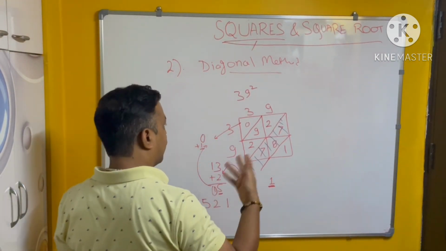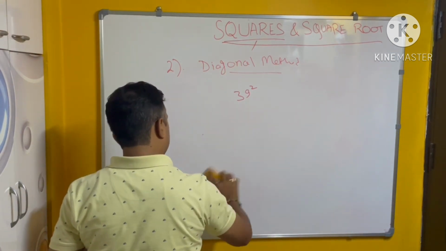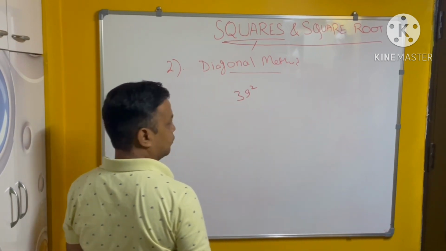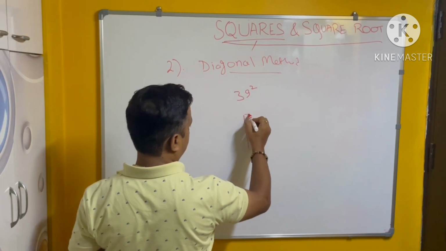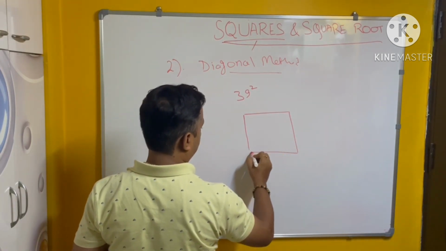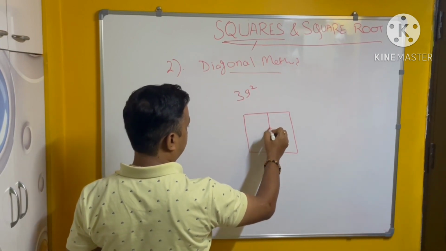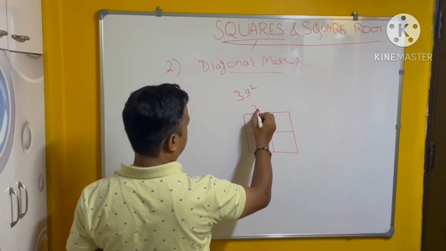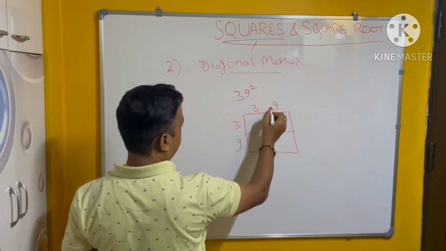Fine. Now I'll try to explain one more time. We have two numbers, 39 and 39.